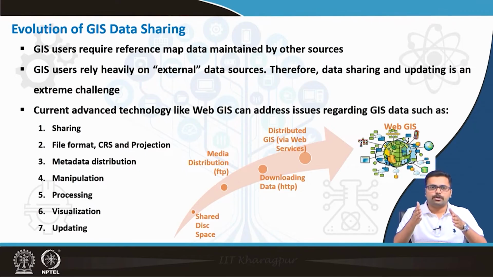And as of today, we are standing at a place where we can see that WebGIS has taken over all the previous file sharing systems, and now file sharing, or in particular geospatial data sharing, is very easy.